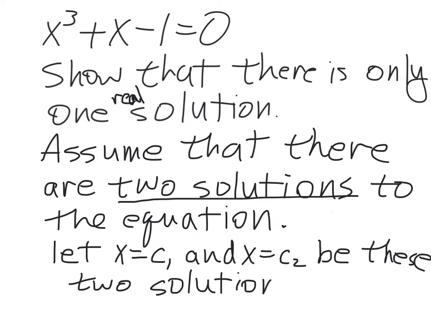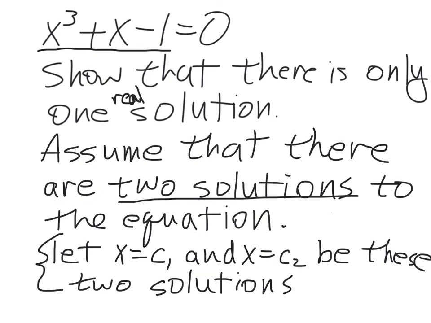Now, what that means is f of c sub 1, f of this particular x value, is going to equal 0, and f of c sub 2 is also going to equal 0. That's another way of stating this in mathematical terms.